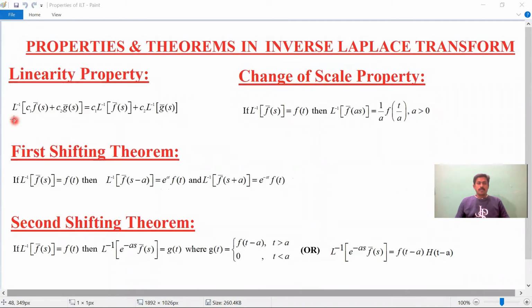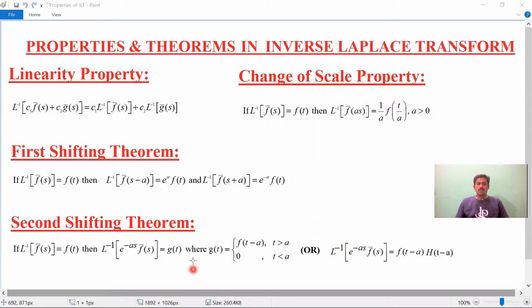Linearity property: L inverse of C1 f bar of s plus C2 g bar of s equal to C1 L inverse of f bar of s plus C2 L inverse of g bar of s. Linearity property means we have to apply the operator only to the function, not to the constant. So therefore, we are getting this result.